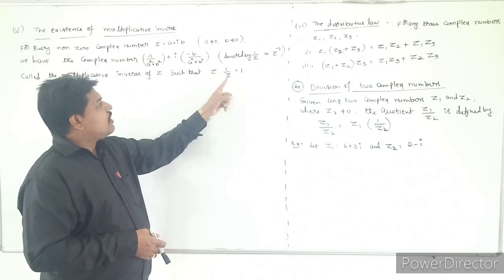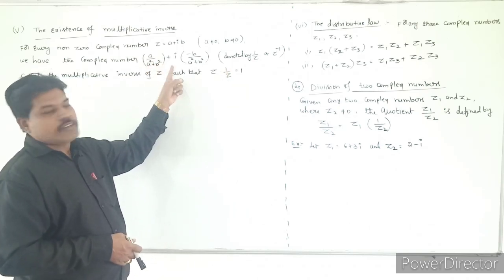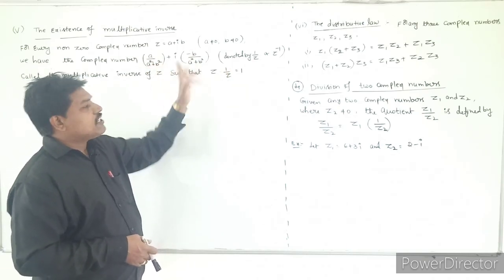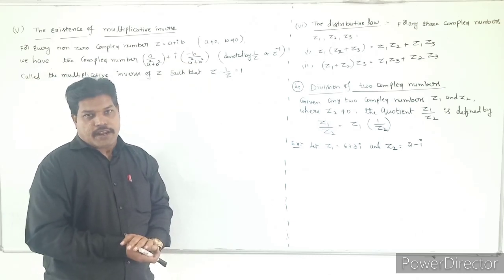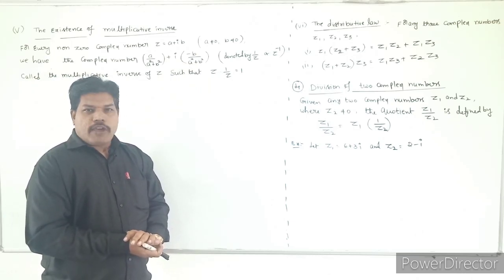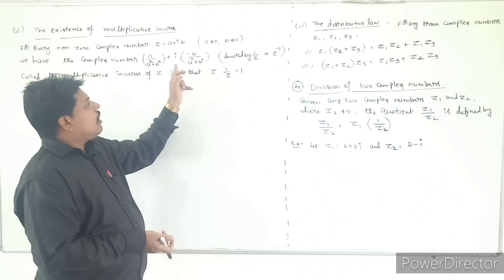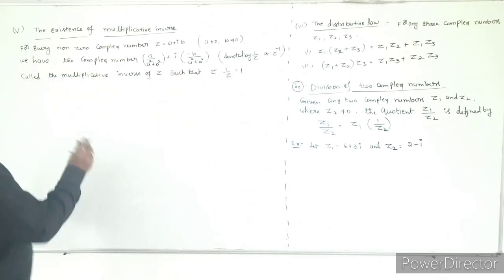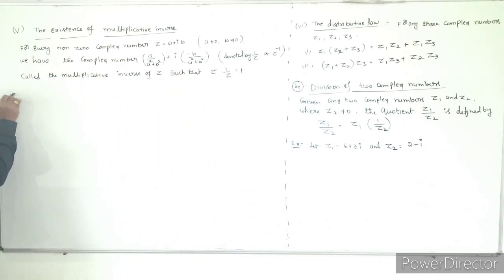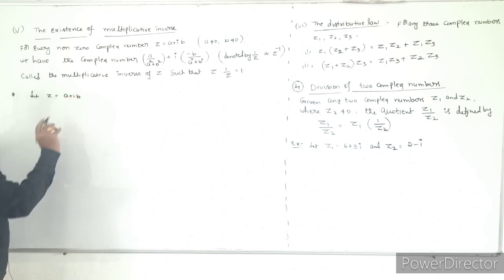So what is 1 by z? 1 by z is a by a square plus b square plus i into minus b by a square plus b square. You may have a doubt: sir, how does 1 by z become like this? See here, let z be equal to a plus ib.